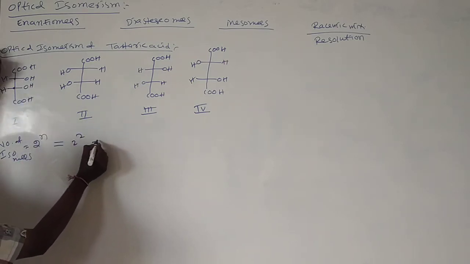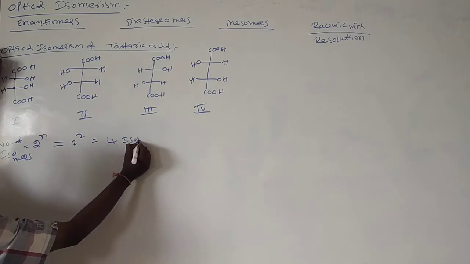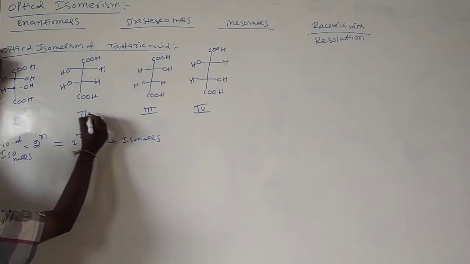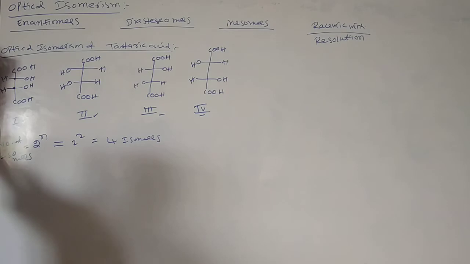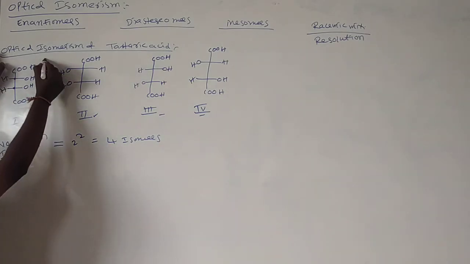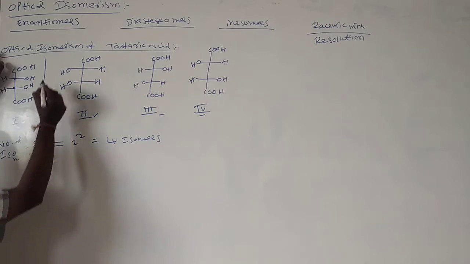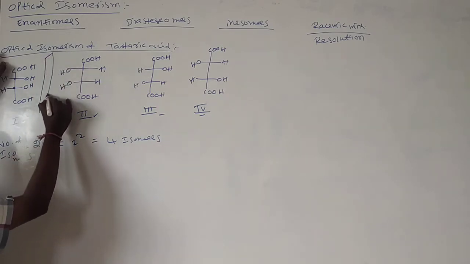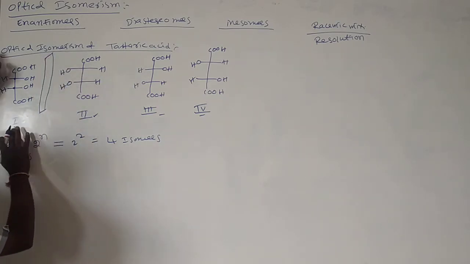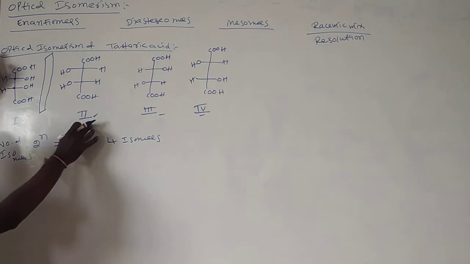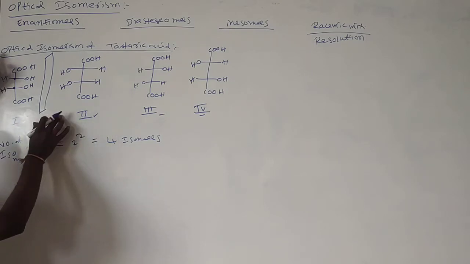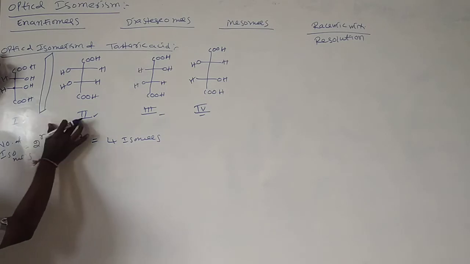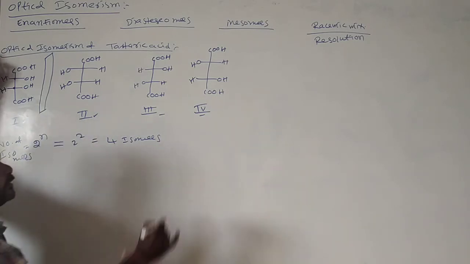So 2 squared, 4 isomers are possible. And here, the first molecule and second molecule are both non-superimposable mirror images.